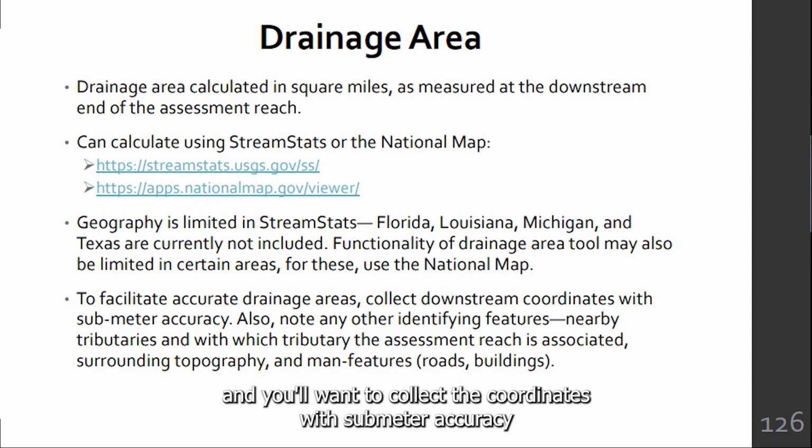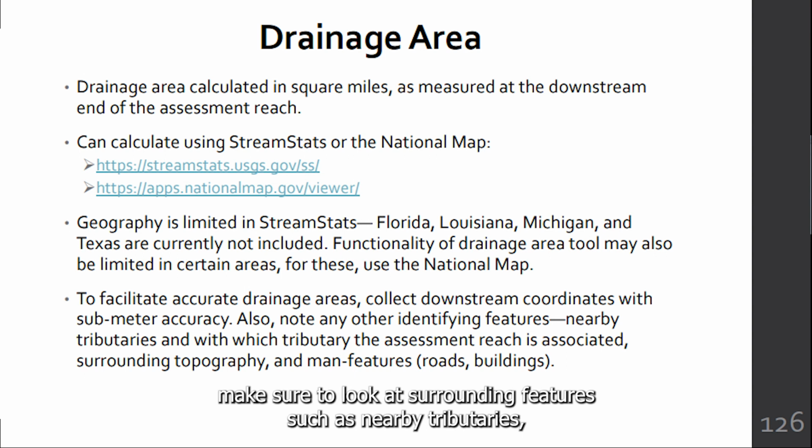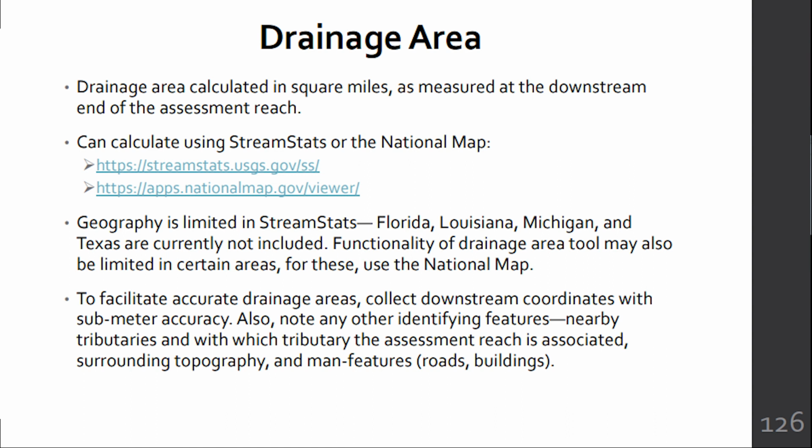And you'll want to collect the coordinates with sub-meter accuracy or to the nearest tenth of a meter. And again, while you're in the field, make sure to look at surrounding features such as nearby tributaries, man-made features such as roads, buildings, and surrounding topography.